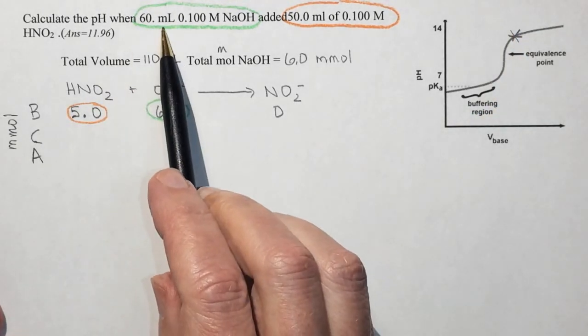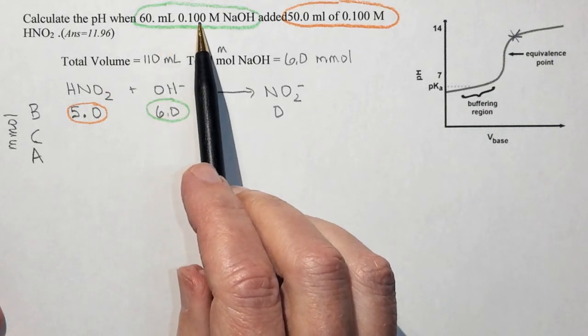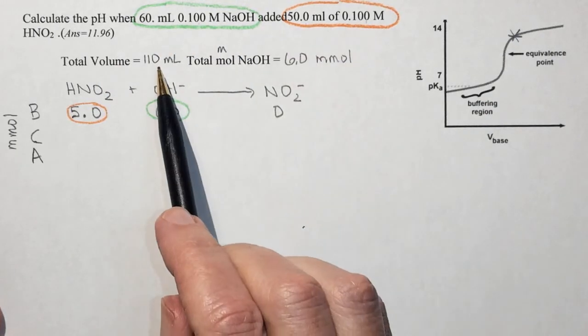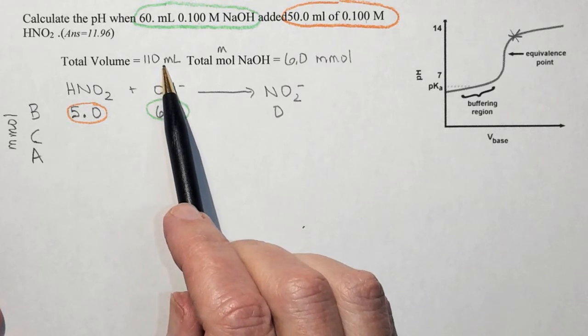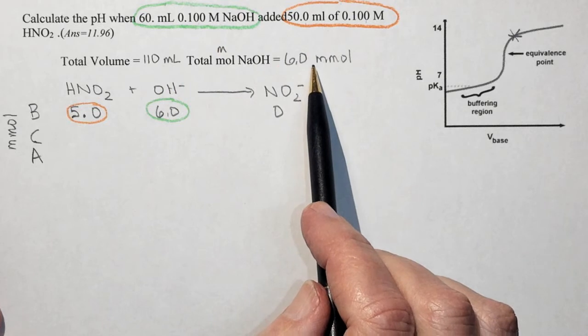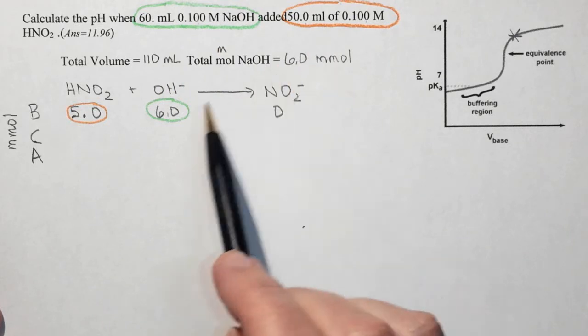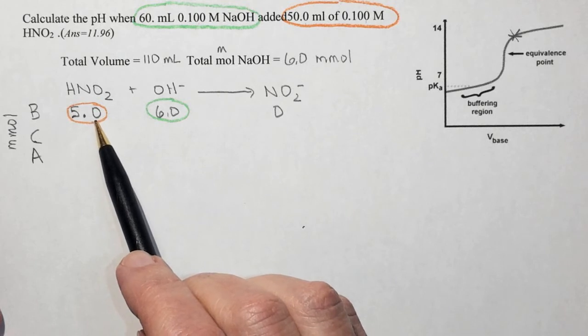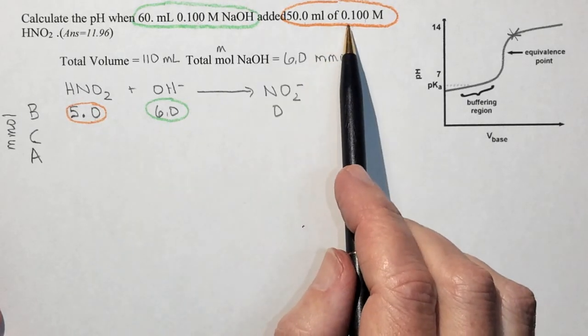So we've got 60 mLs of 0.1 molar sodium hydroxide, 50 mLs of the HNO2. Our total volume is 110 mLs. We've added a total of 6.0 millimoles of the sodium hydroxide, and we've got 5 millimoles of the weak acid here.